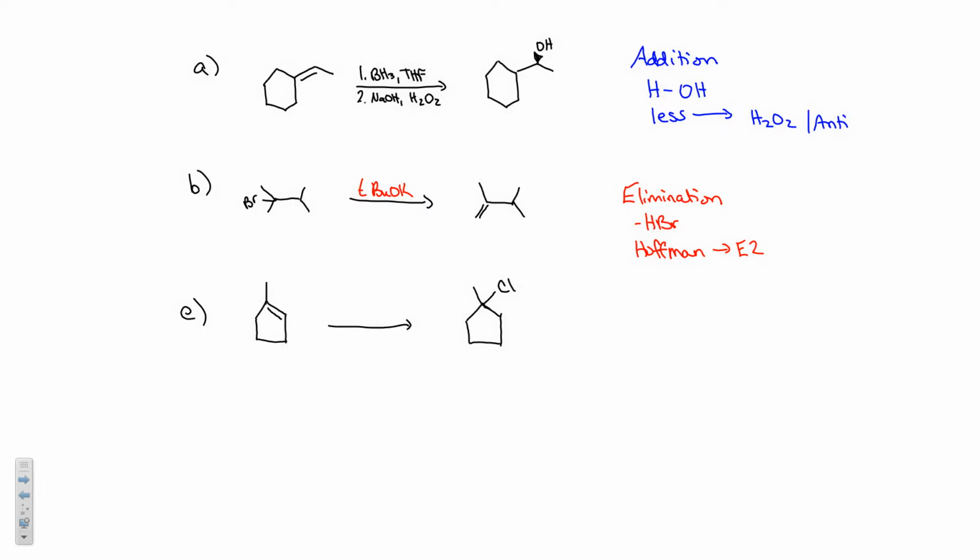Okay. What's happening in E? Anytime you go from a double bond to having a functional group, that's addition. So this is addition. What am I adding across my double bond? Chlorine, and the thing you don't see is hydrogen, right? And what is my regiochemistry here?